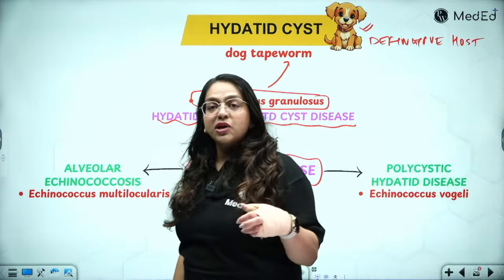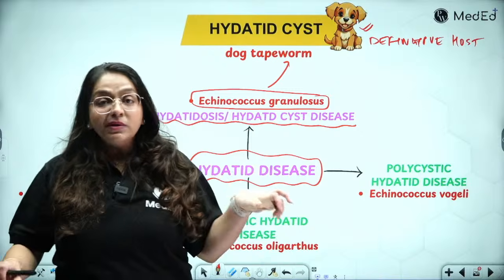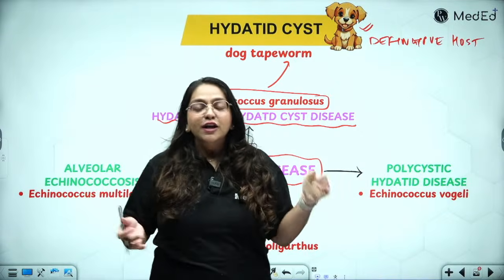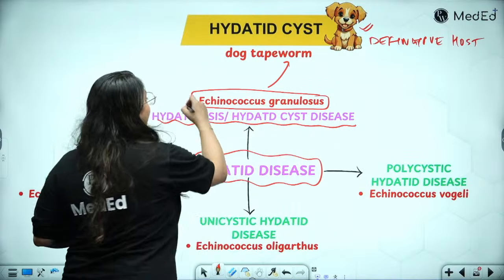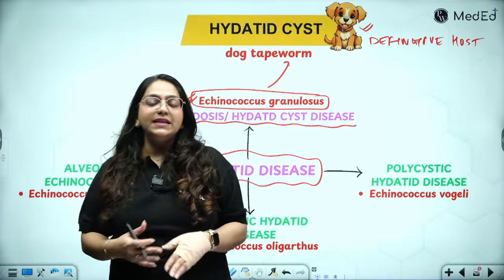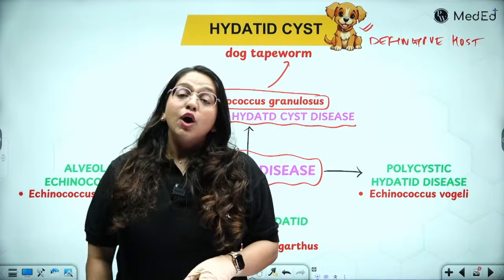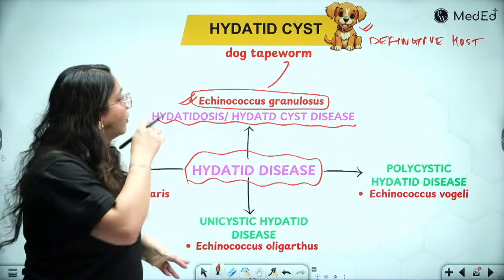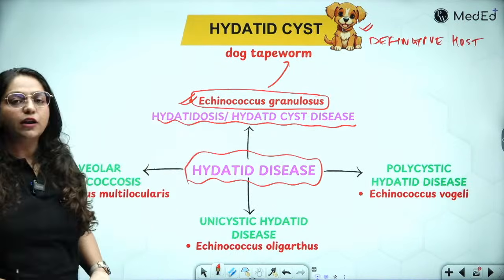Humans come in the picture by accident. Humans are a weird species. We enter where we are not needed. Echinococcus granulosus was happy causing intestinal tapeworm infections in dogs. We entered the picture for absolutely no reason and became an accidental host for them.